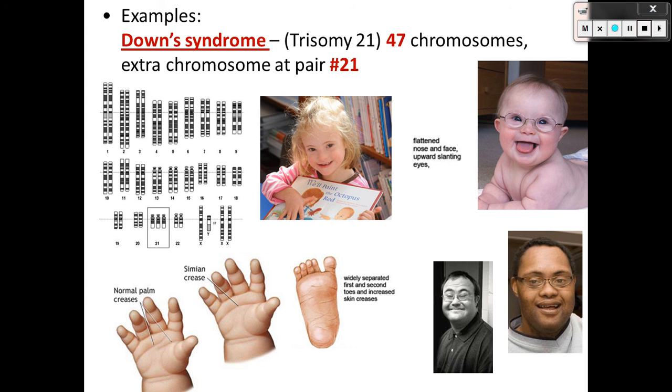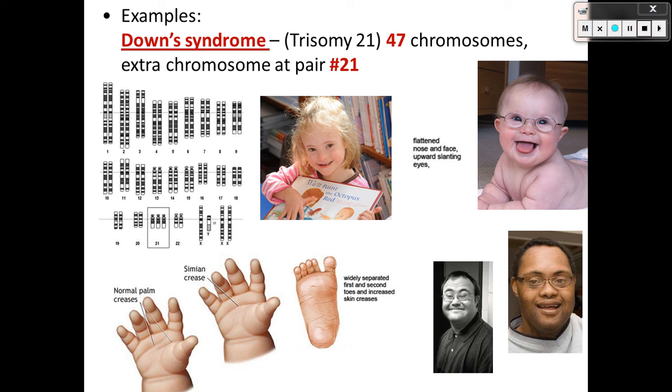The big thing, though, is that people with Down syndrome have heavy mental retardation, and most of them are unable to live on their own. They're going to need somebody to look after and care for them. So, very heavy mental retardation. However, they're very sweet and compassionate people, and thanks to modern medicine, a lot of them are living way past their 30s, which was originally the death rate for them.